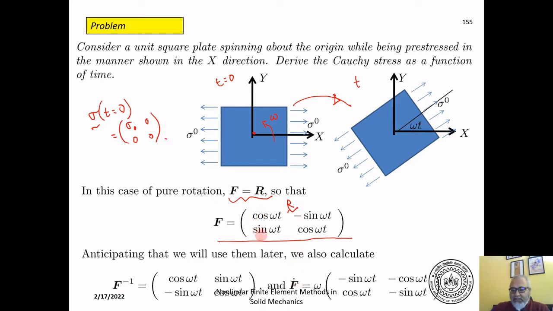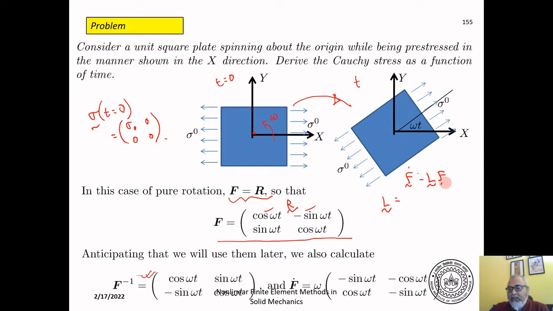F dot is easily calculated, so omega comes out, then you have minus sine omega t, minus cos omega t from this term, and so on. F inverse is also easily calculated from F.